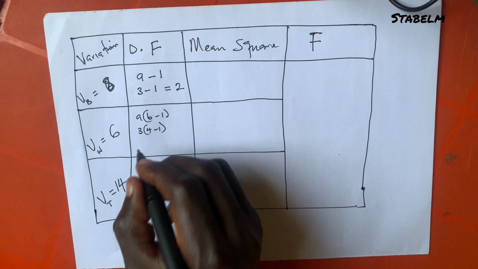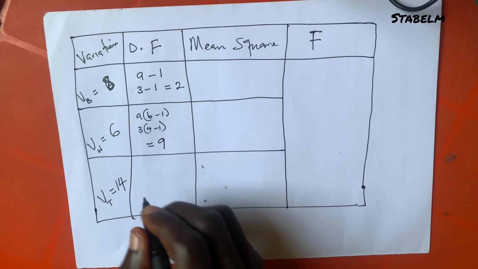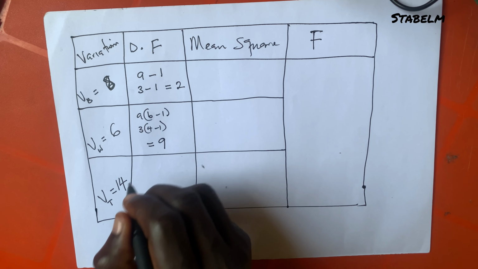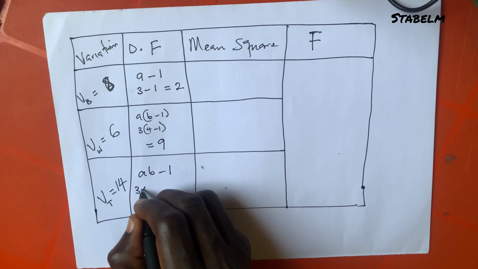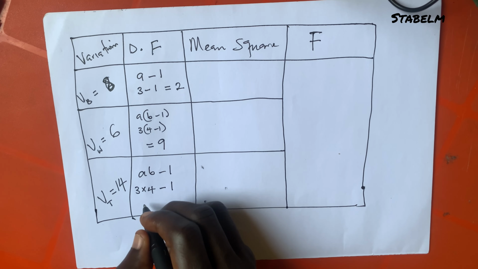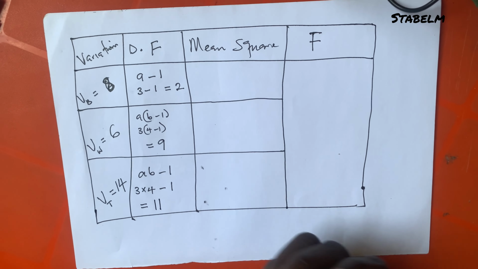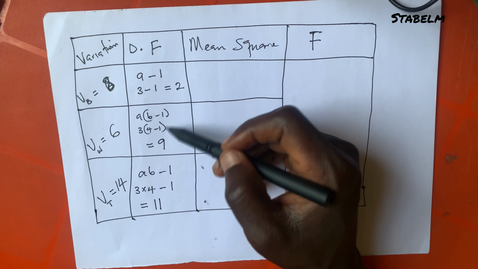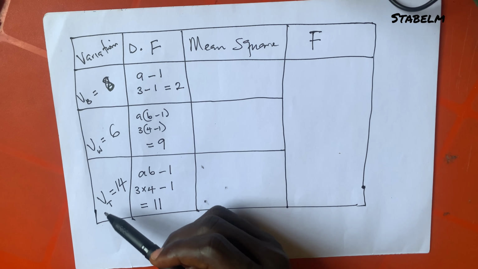So 3 times 3, therefore here we have 9. Now degree of freedom from the total, so we have AB minus 1, which is 3 times 4 minus 1. 3 times 4 is 12. 12 minus 1 give us 11. And if you look at it, if you add this 2 plus 9, you're going to have 11. 8 plus 6, you're going to have 14.